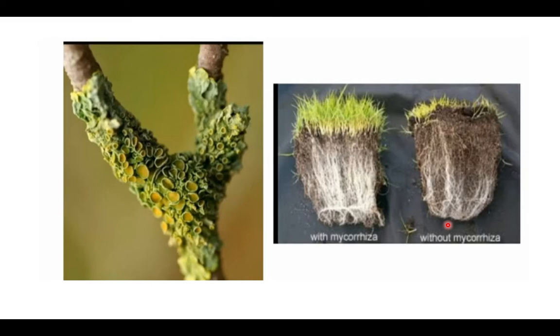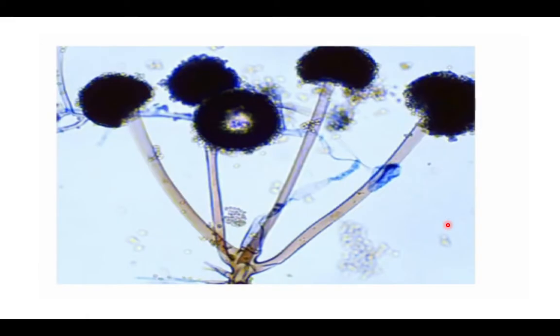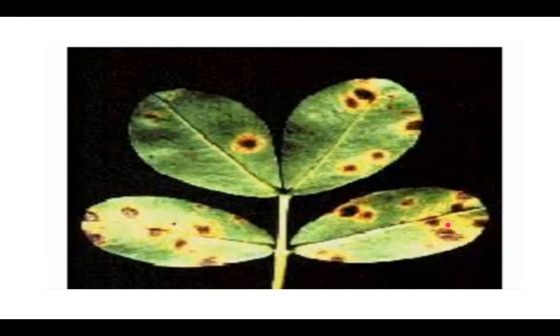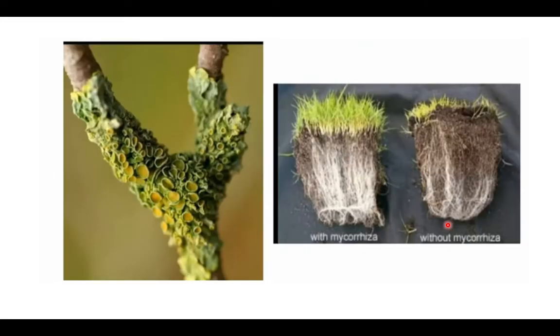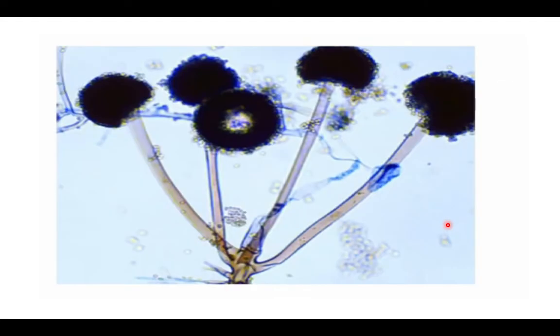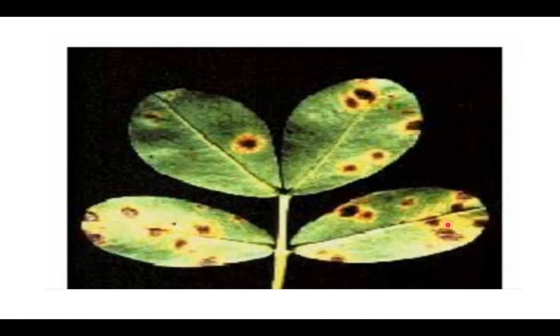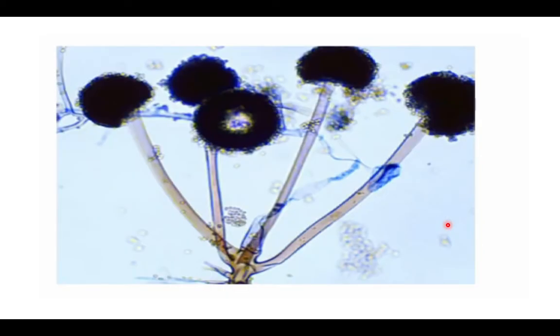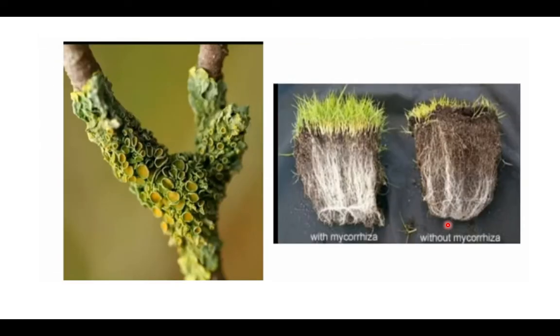In that way, based on nutrition, fungi are classified into 3 types. So this is symbiotic, this is saprophytic, and this is parasitic. Remember children, parasitic means living over another living organism. Saprophytic means living over dead and decayed organisms. Lichen means algae and fungi living together.